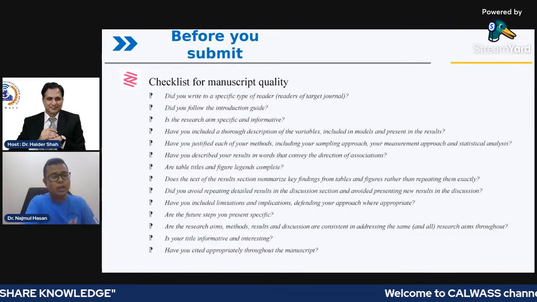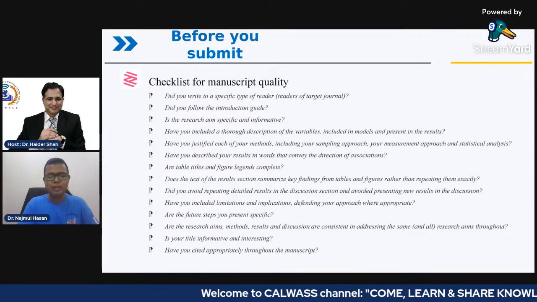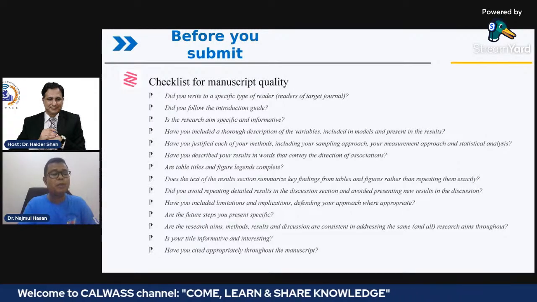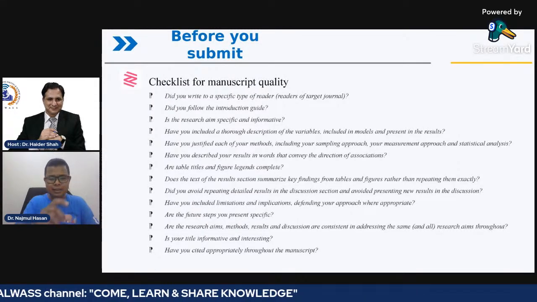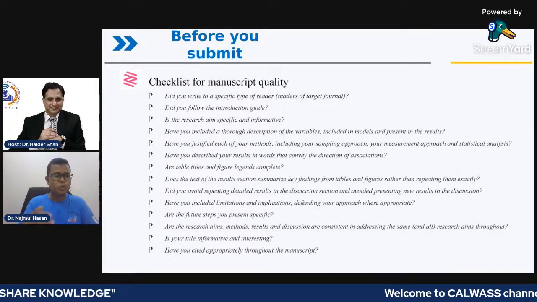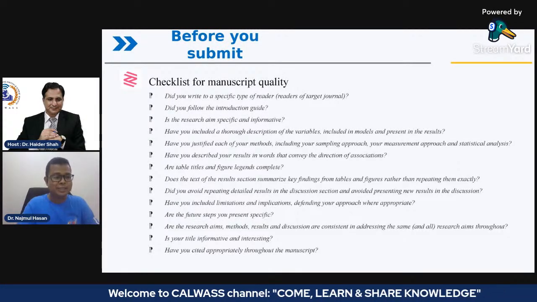Please focus on the special issue aim and scope. On the other hand, in many journals, there are some formatting issues. For example, Times New Roman 10 point, right? Line spacing should be 1.5. In some cases, for example, Journal of Business Research, they require double line spacing, right?